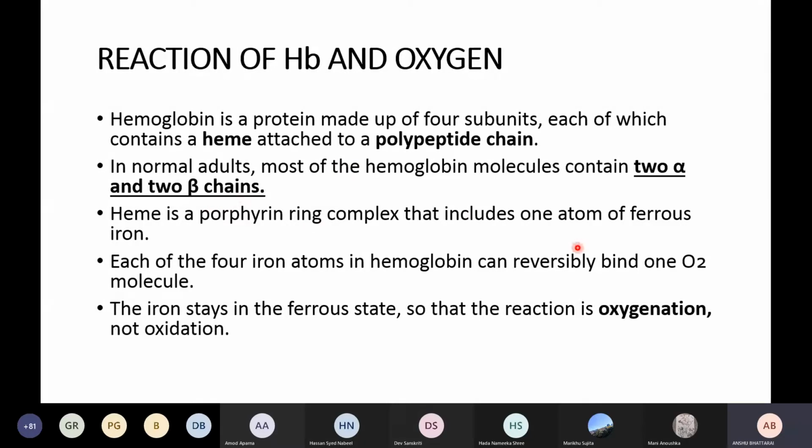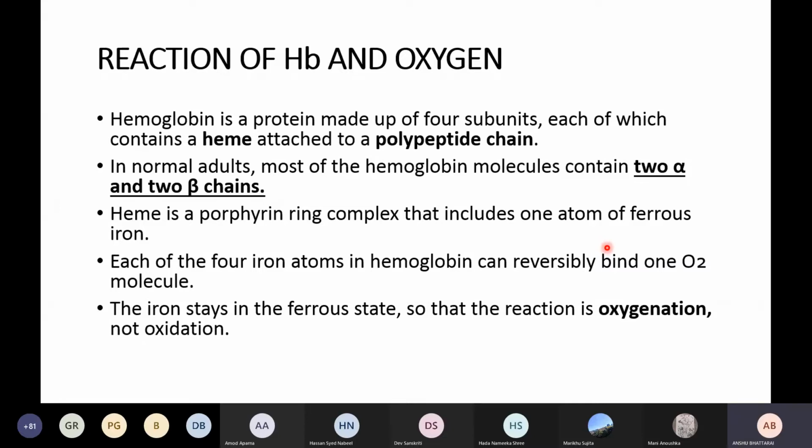Each heme also contains 1 atom of ferrous ion. So one hemoglobin molecule contains 4 ferrous ion atoms, and each of these can bind 1 oxygen molecule. So one molecule of hemoglobin can bind 4 molecules of oxygen.